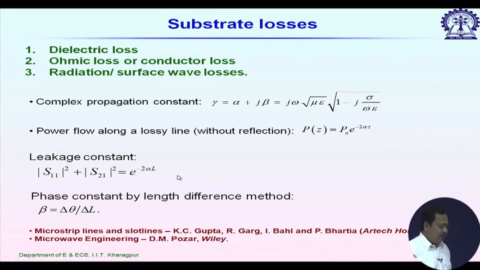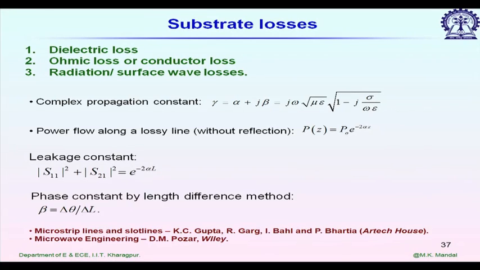If we have a section of waveguiding structure and we can measure the S parameters, let us say S11 and S21, then S11 square plus S21 square is equal to e to the power minus twice alpha L. So, we can determine experimentally what the alpha is for any given guiding structure. Similarly, we can determine the phase constant beta by the length difference method.